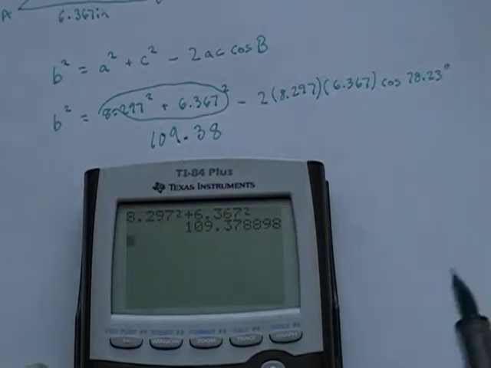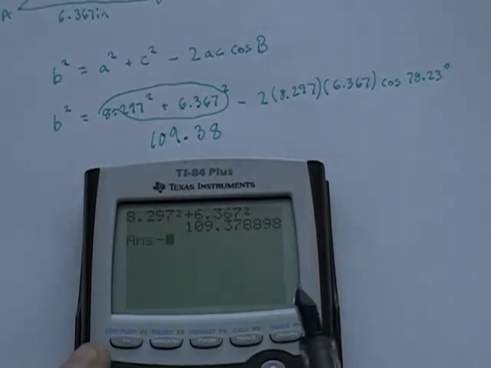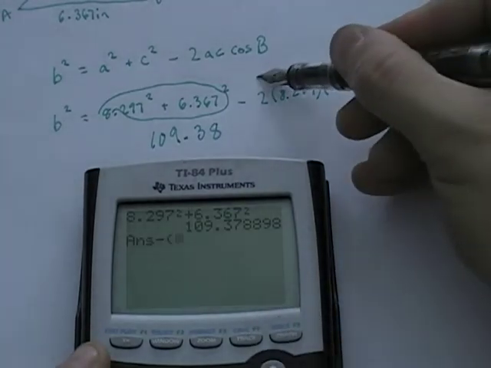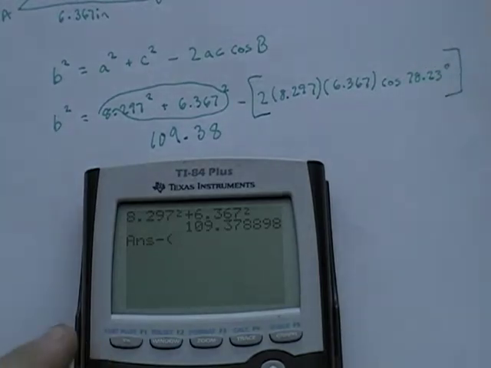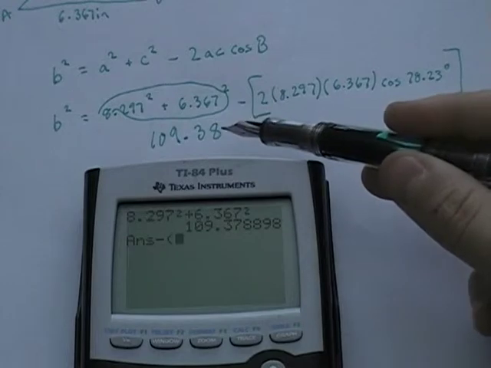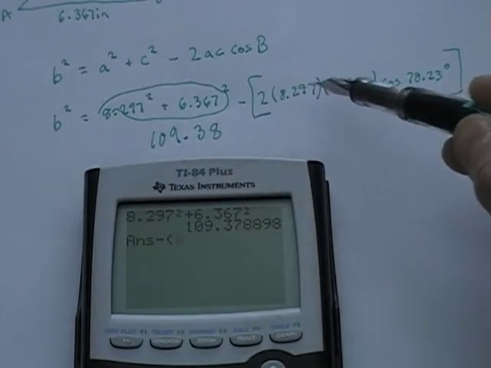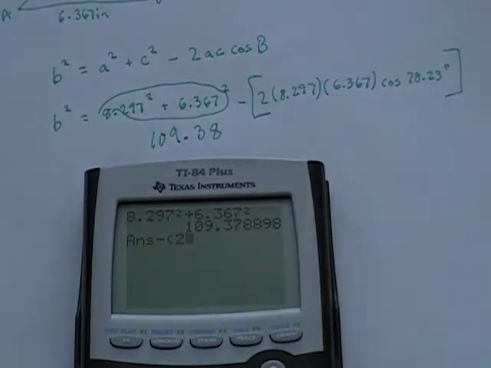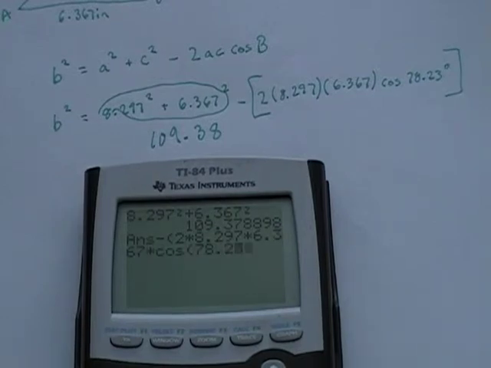And then I'm going to take my calculator, I'm going to press minus, and I put it in parentheses. So I put all of this in parentheses, okay? That's really important. So 109.38 minus, and then I'm going to type all of this in. So 2 times 8.297 times 6.367 times the cosine of 78.23.